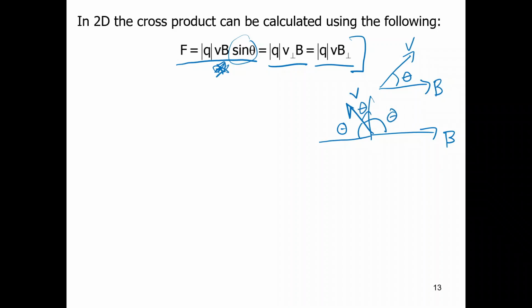So you do have to be careful when using sine theta, because the angles they give you in the problem may not match that definition of theta as the angle in between the vectors. However, the perpendicular component of the velocity to the magnetic field, or the perpendicular component of the magnetic field to the velocity, work no matter what angle they give you.